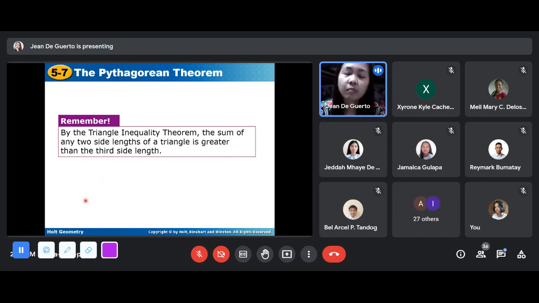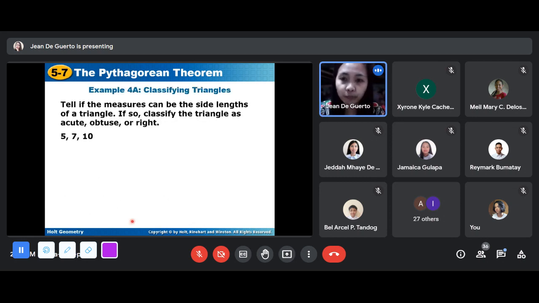Okay, kung mas malaki yung sum na nakuha ninyo kesa dun sa largest measurement na given, then you can say that the given lengths are sides of a triangle. Saka kayo mag-proceed, saka nyo i-identify kung acute ba siya or obtuse or right yung triangle.